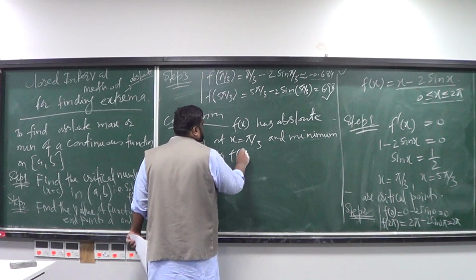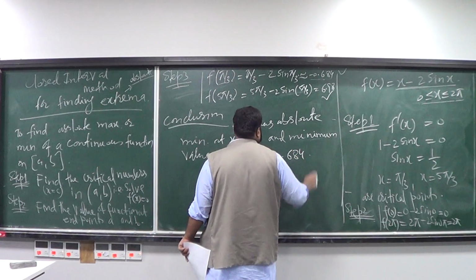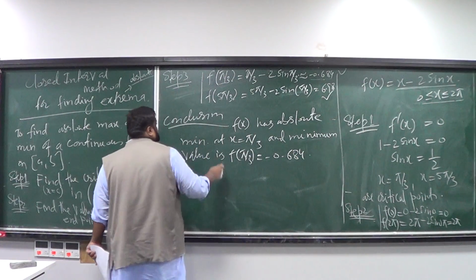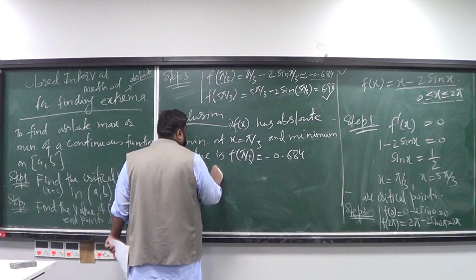The value is f of pi by 3, which is minus 0.684. So that's the first conclusion.